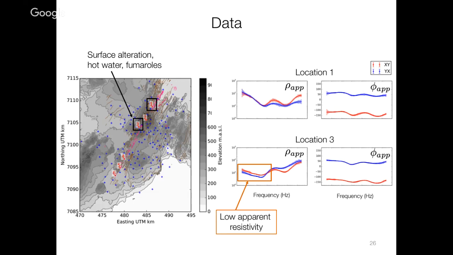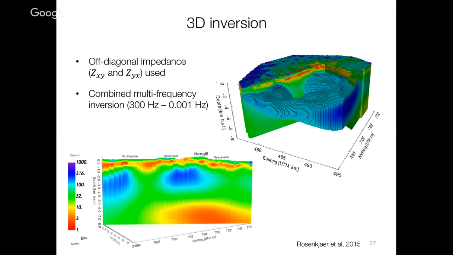Okay, but essentially, you just take the data, plot them up in that way, and you can start to see that things are happening. So now we take those 133 stations, and this was work done primarily by my graduate student, Gudni Rosenkar, in conjunction with the Icelandic Geological Survey, as well as MIT.